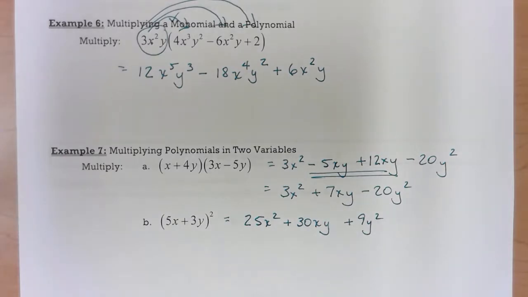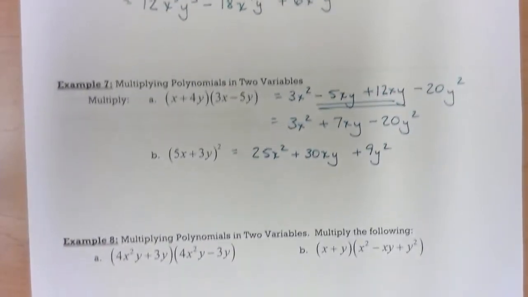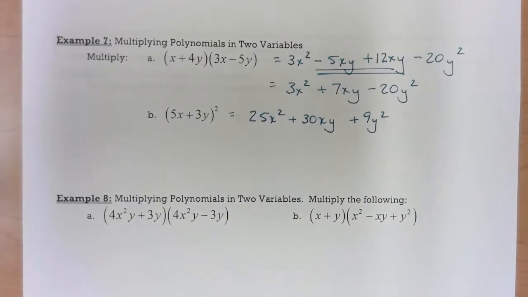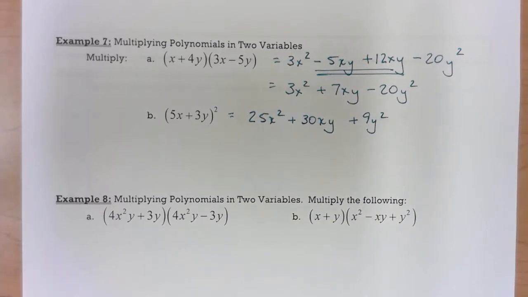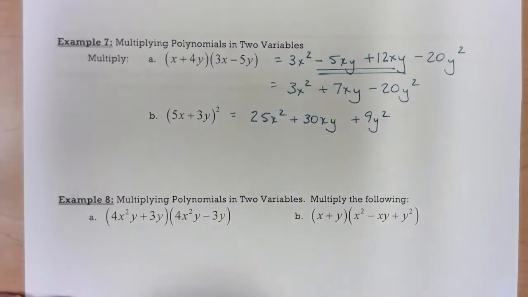And if you went binomial times binomial and used the FOIL method, you should come up with the exact same thing. And remember, I do not care. So I've got some more multiplication down here. So do those. Let's see what you end up with. So pause me. I'll go ahead and multiply. We'll see what we come up with.